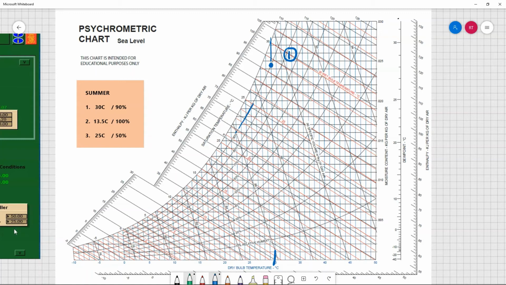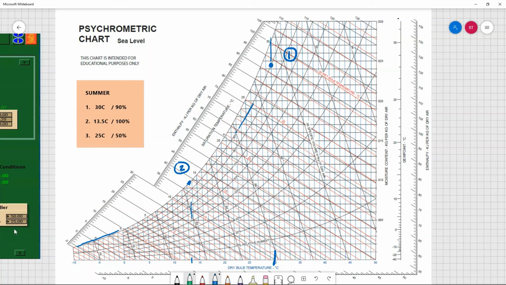Okay, my next point is 13.5 and 100%. So 100% means it's going to be right on the saturation line. And 13.5, so from here, plotting my way up brings me right to here. Okay, so there's my point number 2.